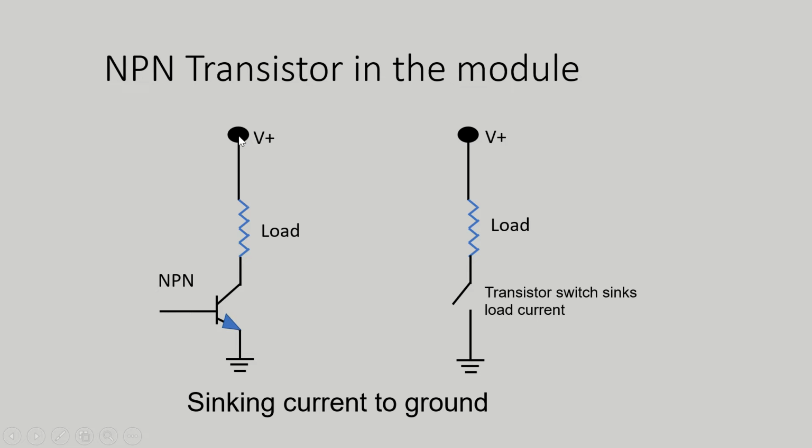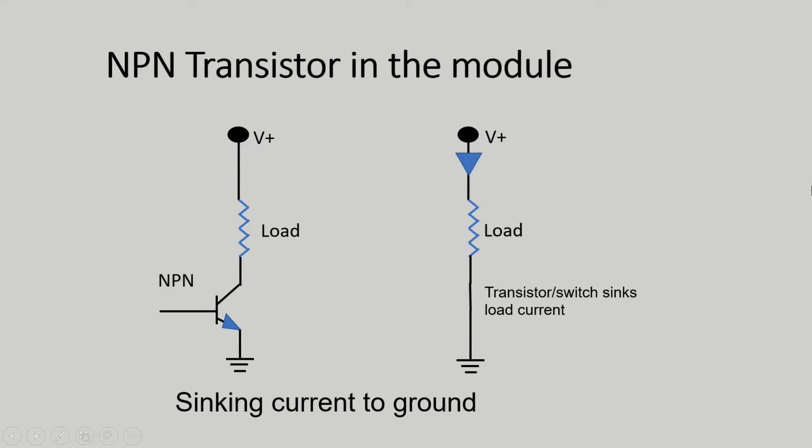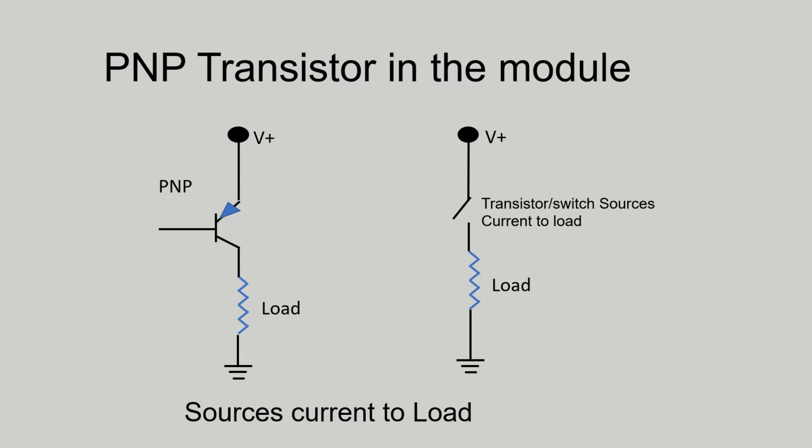Here, current flows from the supply through the load to ground when the NPN transistor is switched on, and this current is called the sinking current to ground. When a PNP transistor is used in the module, then current will be sourcing.